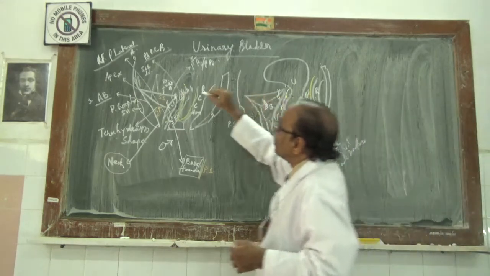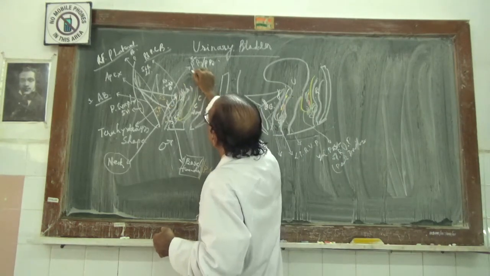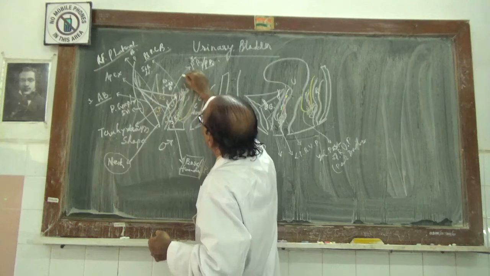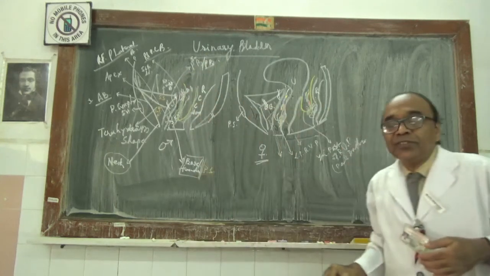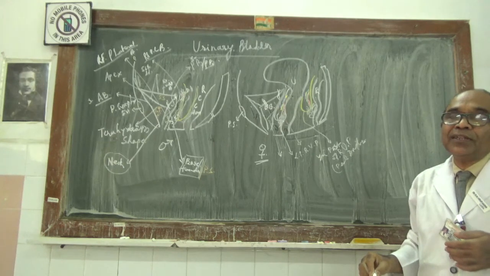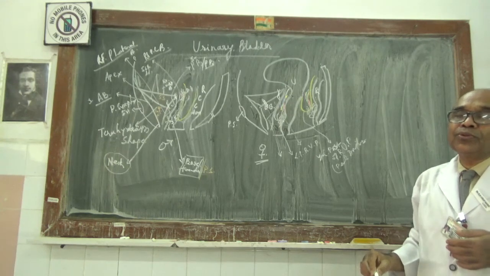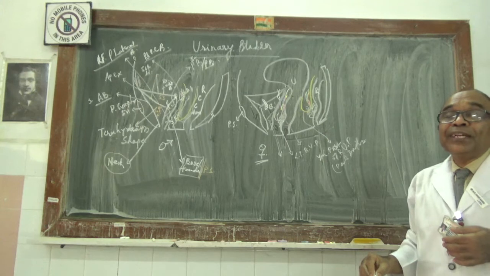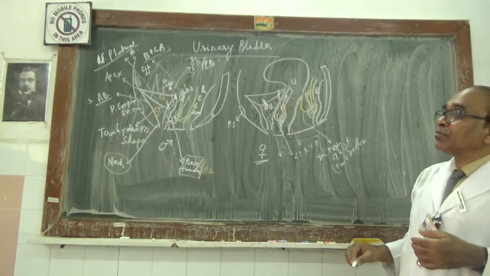Now the posterior border. This border is the one which is internally related to the ureteric crest.